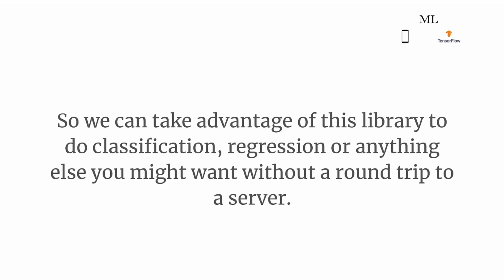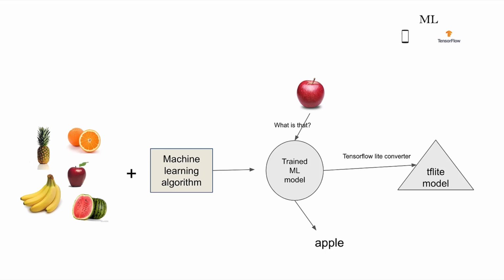So let's understand the use of this library with the help of an example. Let's say we want to train a machine learning model to recognize different fruits, like orange, pineapple, apple, watermelon, and banana. To train this model, we are going to collect the images of these fruits and pass them to our machine learning algorithm. And now we will get our trained machine learning model.